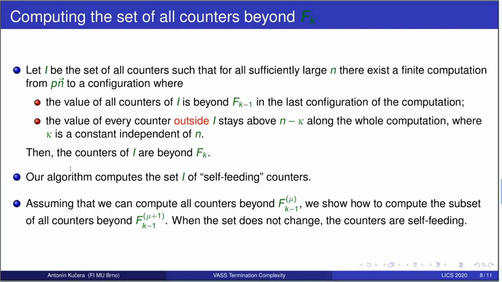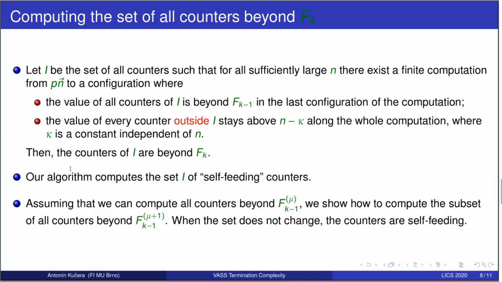If we want to decide whether or not the termination complexity of a given demonic VASS is contained in a class gk, we can equivalently decide whether or not the termination complexity is beyond fk+1. And clearly, if the termination complexity is beyond fk+1, then there must be a transition which is beyond fk+1.